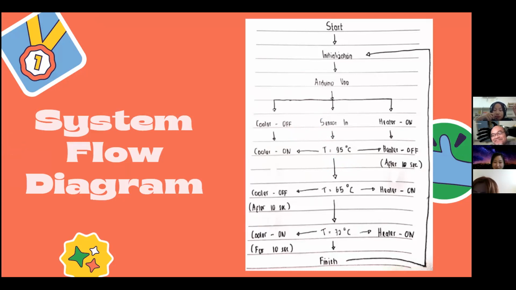Or perhaps we can add another component which will act as the brain, where we will put a code that when the temperature has reached 95, we will command it to turn off the heater and then turn on the cooler, and such for when the temperature reached 65 and then 72.